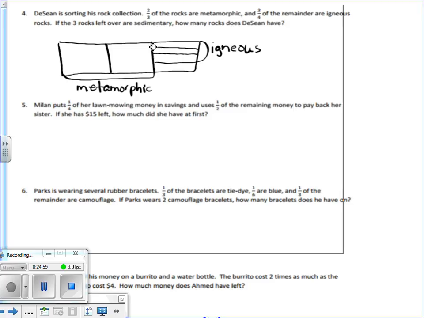There's only 3 left over. It's 3. So if this is 3, the rest of them are 3. So this is 3, this is 3, this is 3.